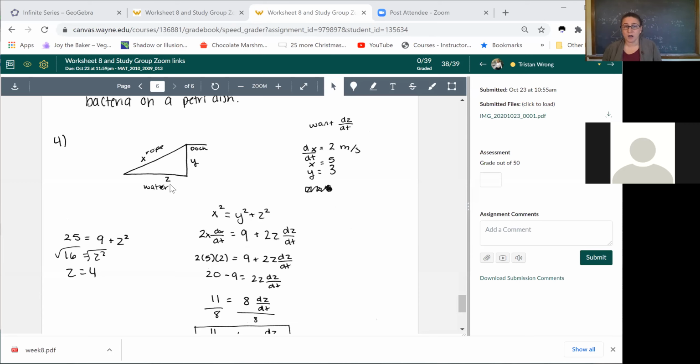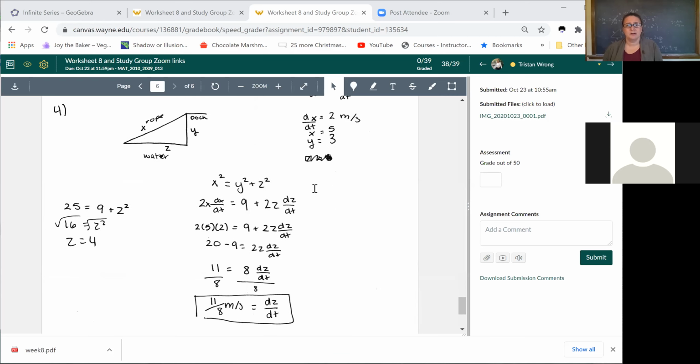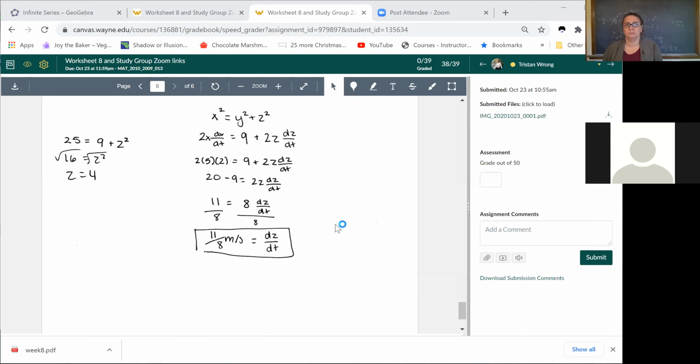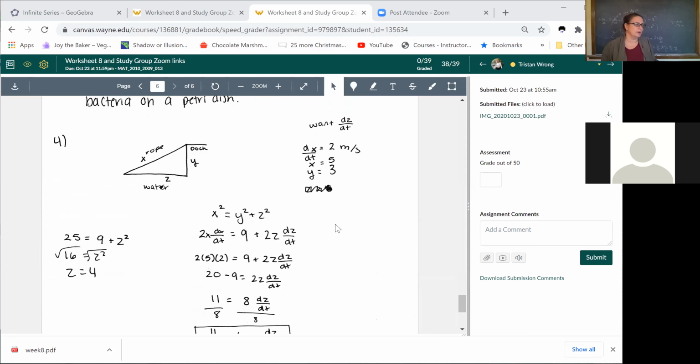So both of these are getting smaller. So technically this should be a minus here, and then that would percolate to being a minus here. But since they didn't ask you about the direction, it doesn't make a difference in the problem. I wouldn't take off points there or anything. But you will notice in some of the ones we do next week, it starts to matter whether the quantity is increasing or decreasing, whether the rate is positive or negative. Okay.